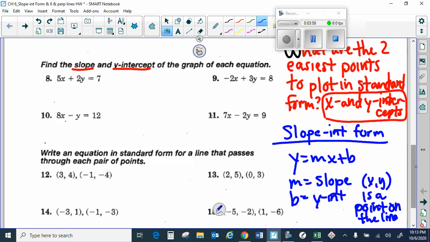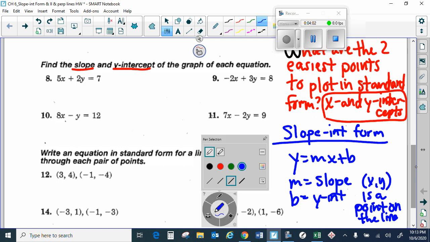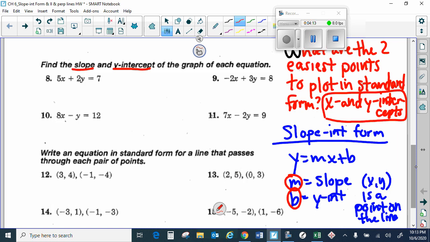So we want the slope and the y-intercept. So with the m and the b. So once we solve it for y, we have m and b right there. Okay. So let's pick one of those. Let's say 11.